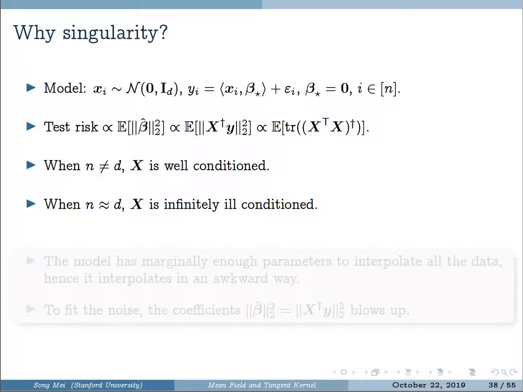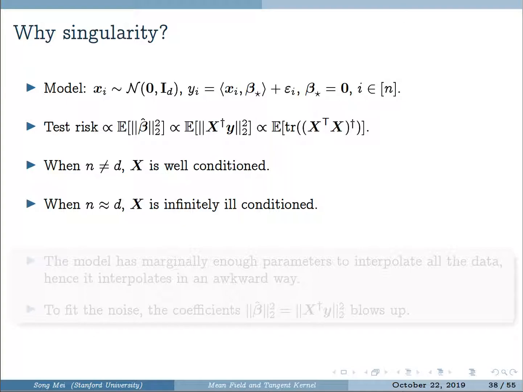If you know a little bit about random matrix theory, X transpose X is called the Wishart matrix, and the spectral property of this matrix is well studied. You will see that if the number of data is not equal to the dimension of X, then X will be well conditioned. All the singular values of X will be away from 0, and then the trace of (X transpose X) pseudo inverse will be away from infinity.